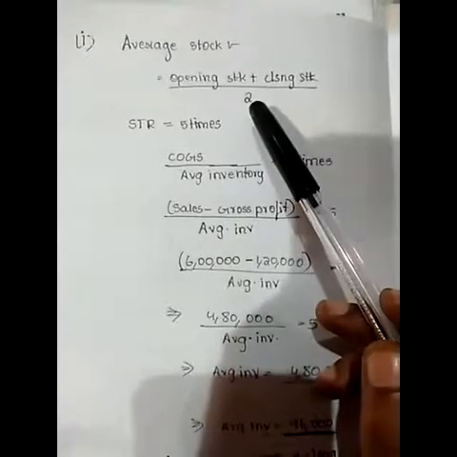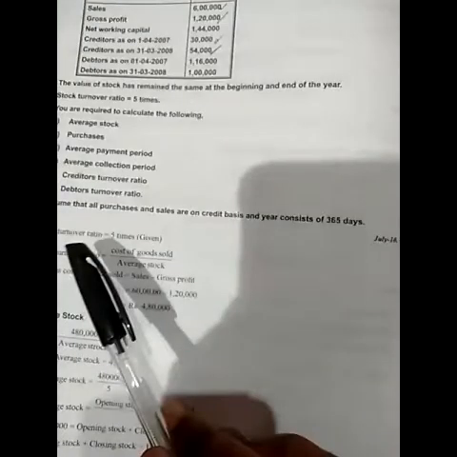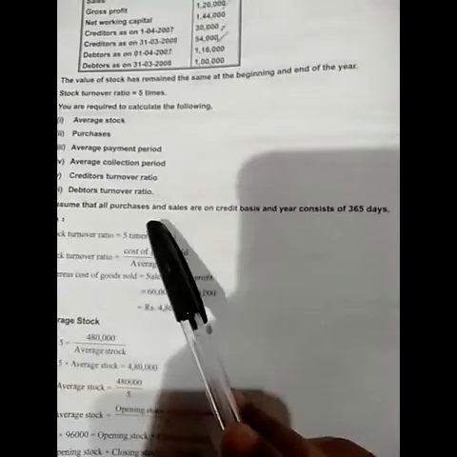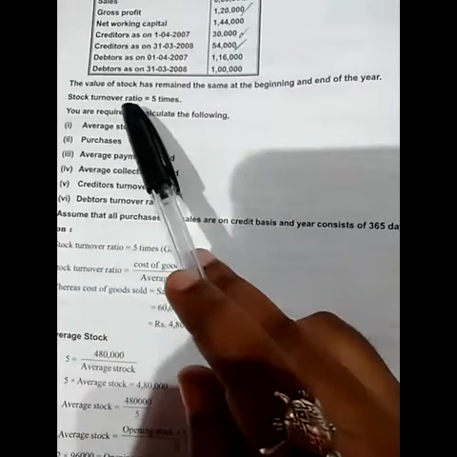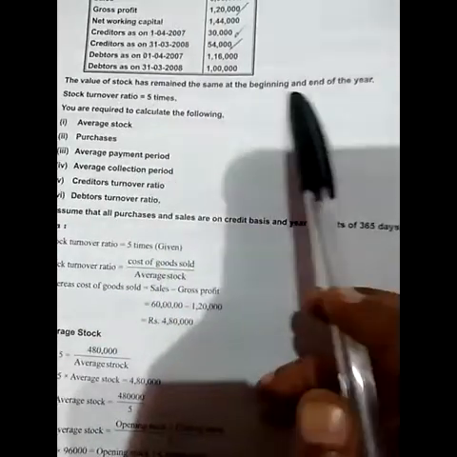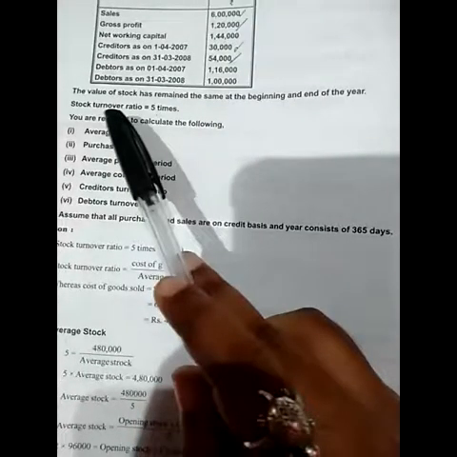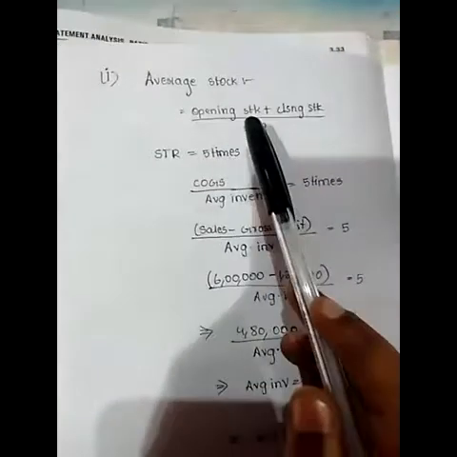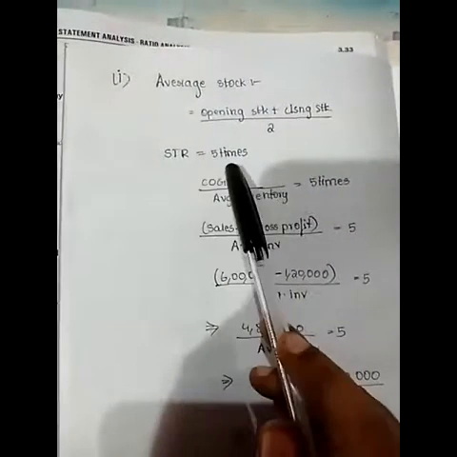And they said in the question, assume that all purchases and sales are on credit, and also the value of stock has remained the same at the beginning and the end of the year. అంటే స్టాక్ వాల్యూ ఓపెనింగ్ అండ్ క్లోజింగ్ సేమ్ ఉంది, అండ్ స్టాక్ టర్నోవర్ రేషియో ఈజ్ ఈక్వల్స్ టు 5 times అంతే ఇచ్చారు మనకి. So we have to calculate average stock, which is opening stock plus closing stock divided by 2, and stock turnover ratio is equal to 5 times.